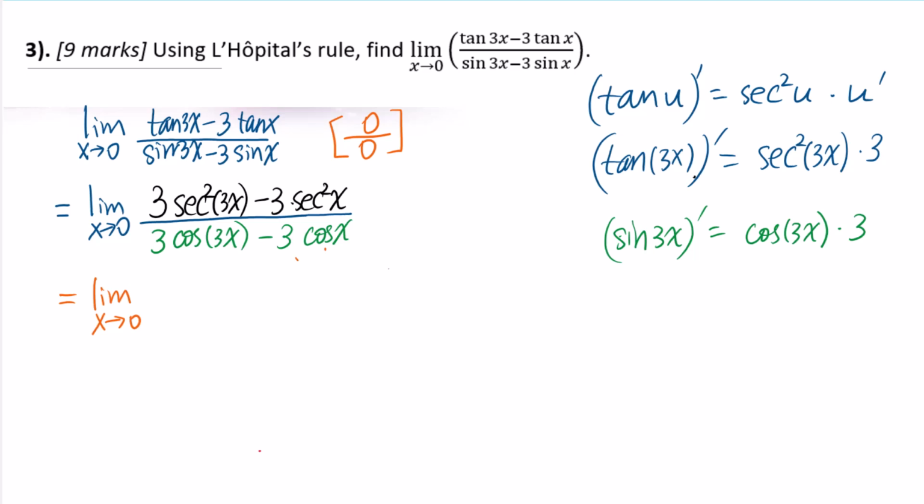We found the common factor is 3, so reduce. Then secant x equals 1 over cosine x.